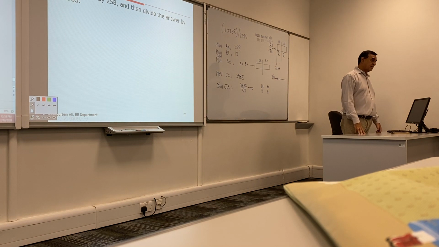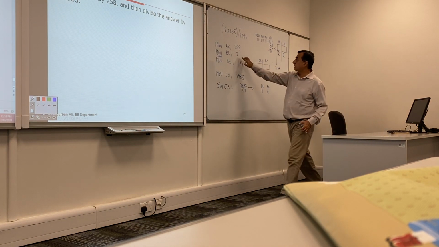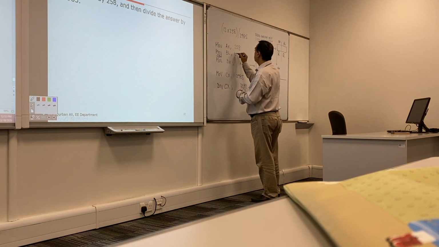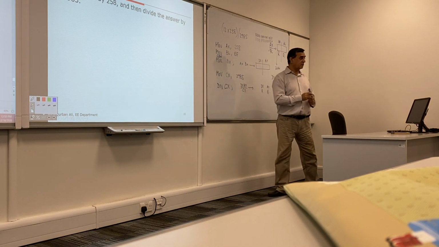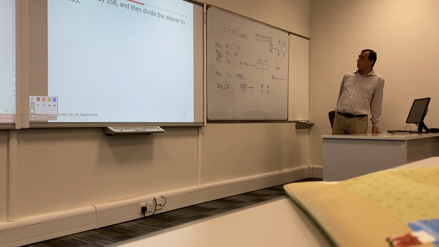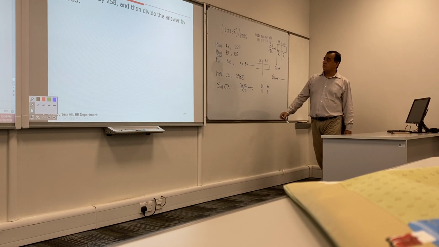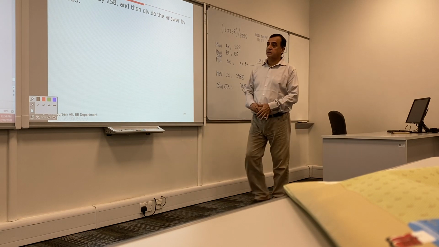Not 12, sorry. What was this one? EE. Correct? This was our EE. Move EE to BL, and then convert byte to word. Because the value is minus 12. Everything else remains the same.